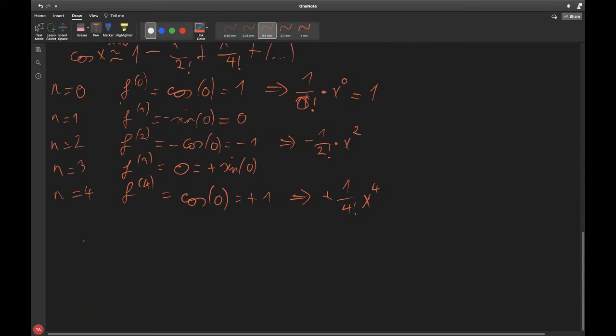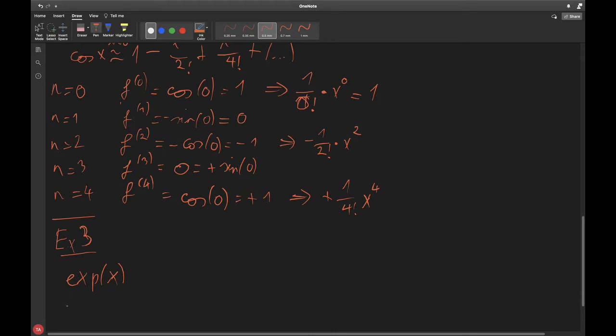And then if you look at a third example, which is going to be the exponential function. The exponential of x is an easy thing because the derivative of the exponential is just going to be the exponential itself.